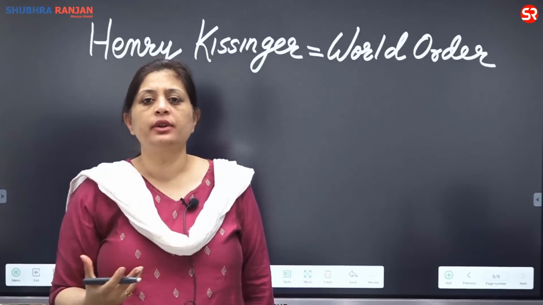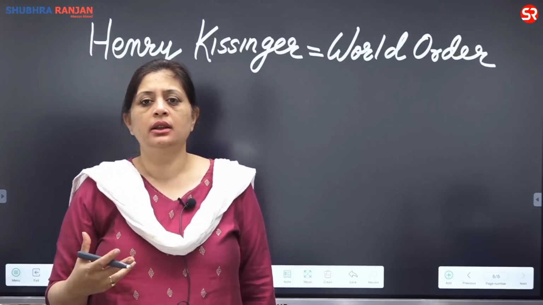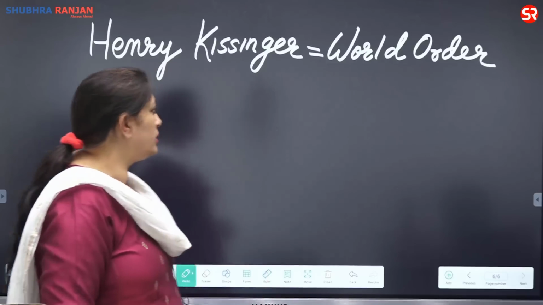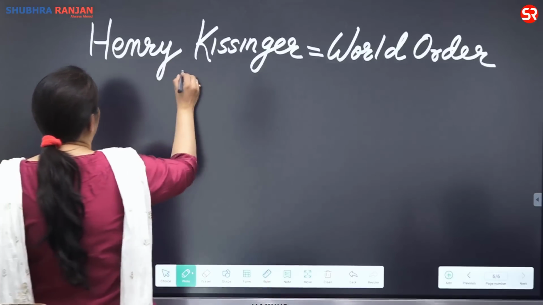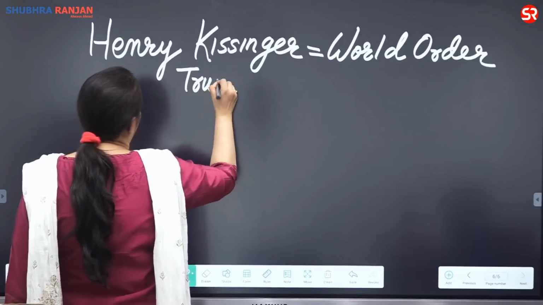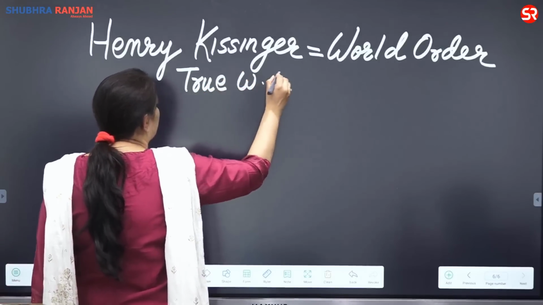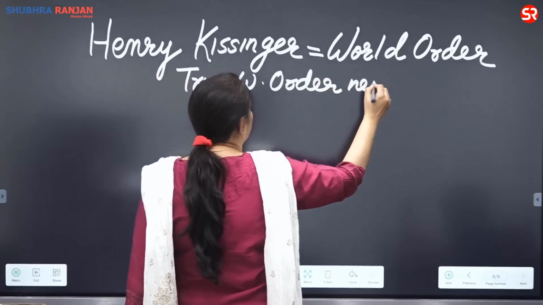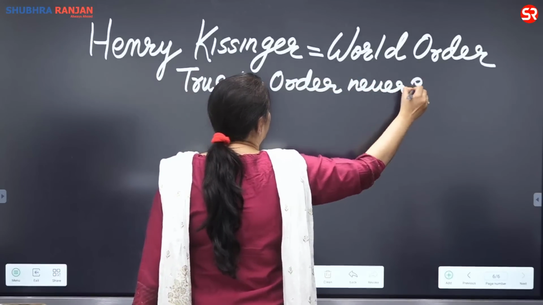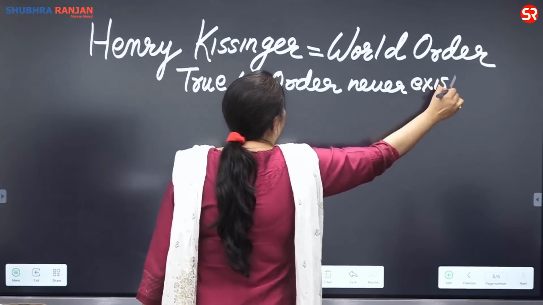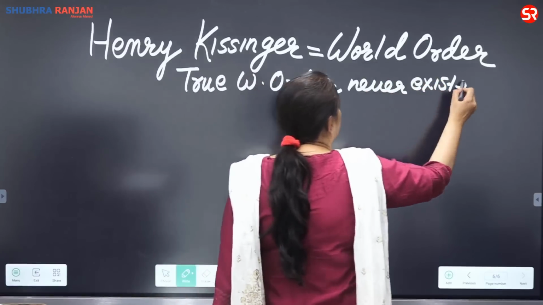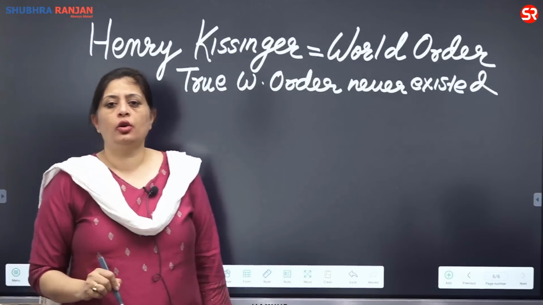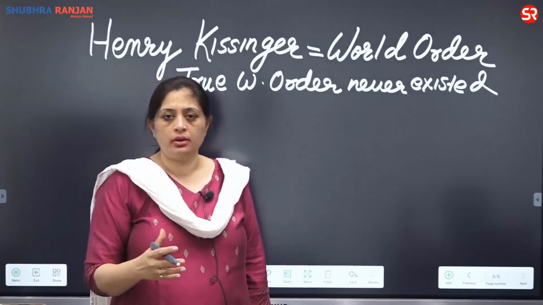Nations have never had this convergence on the world order. So actually, the true world order never existed, and different countries had their own perceptions on the world order.